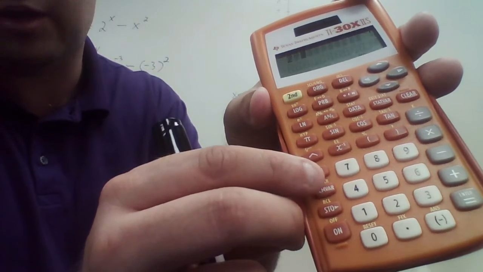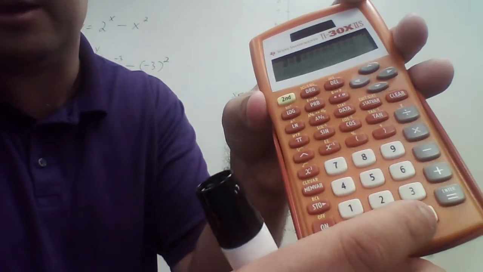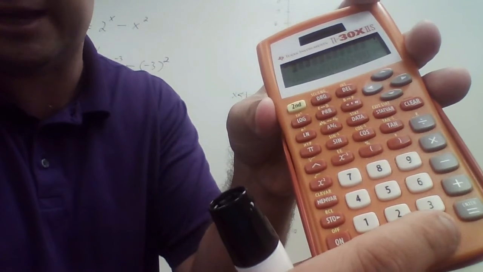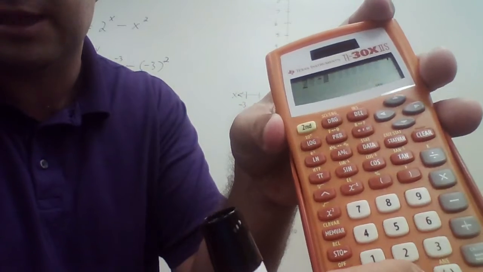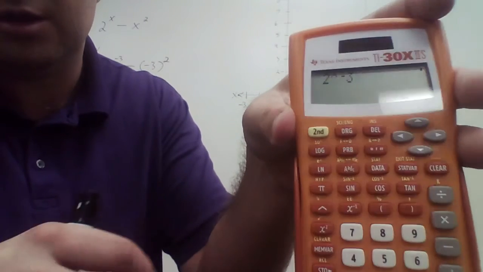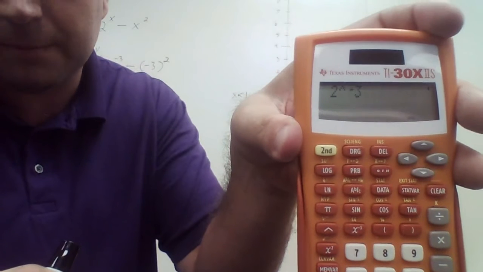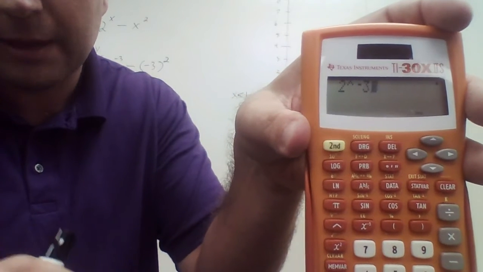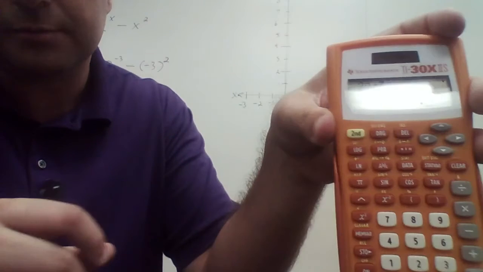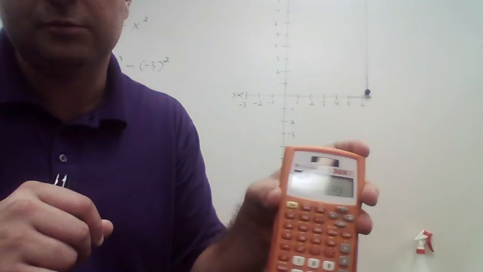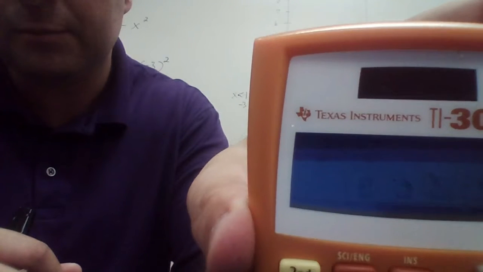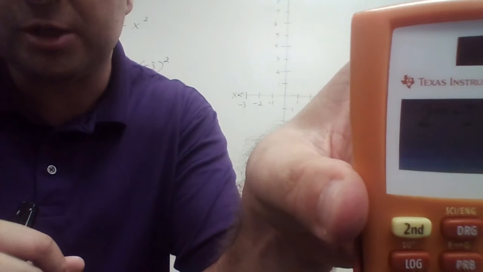Now most calculators have a separate negative button from the subtraction key, so make sure you hit it, and then 3. This is what it looks like on this particular calculator. Hit equals. I got 0.125.